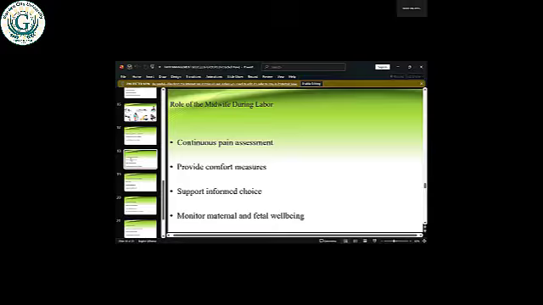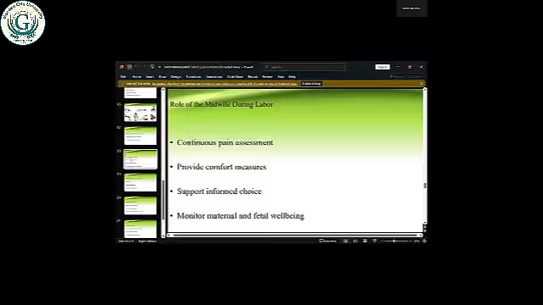One, you ask the woman to rate her pain level on a 10 centimeter line, with 0 indicating no pain and 10 indicating worst possible pain. By scoring the woman, you measure the distance from the left point, that's the 0, to the mark made by the woman. That will let you, the midwife, know the severity of the pain of the woman. So that's how we use the VAS to test the pain during labor.